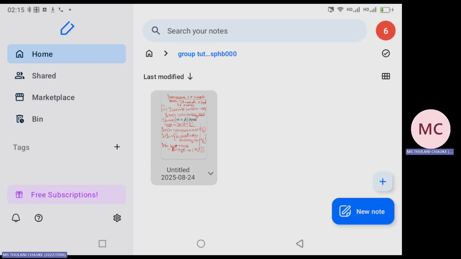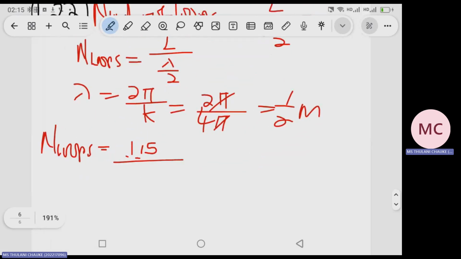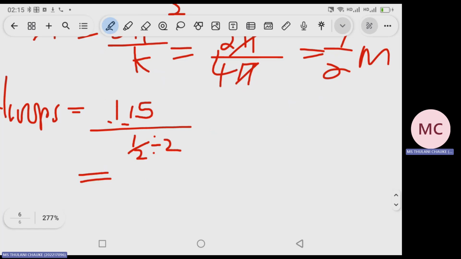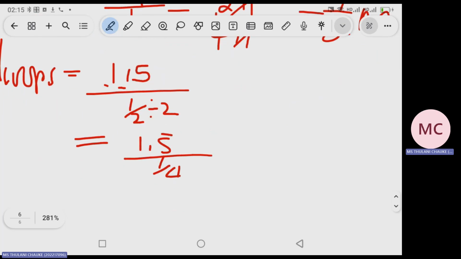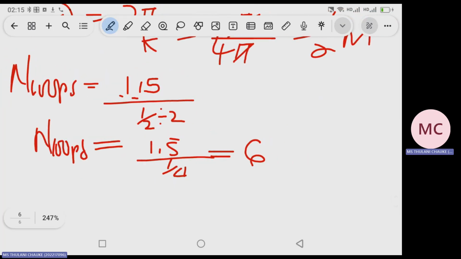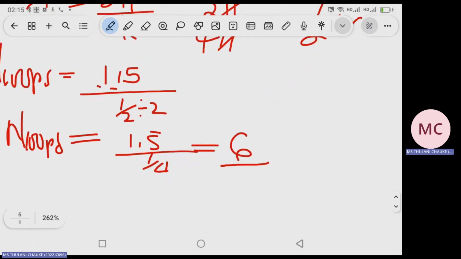So we know it's 1.5. Then divide by the wavelength, which is 1 over 2, and then we're dividing by 2. So this will end up being 1.5 over 1 over 4. If you divide that by 1 over 4, you will get 6. So our resultant wave will have 6 loops.